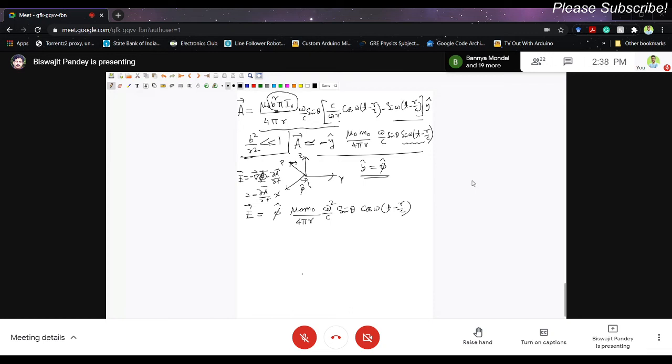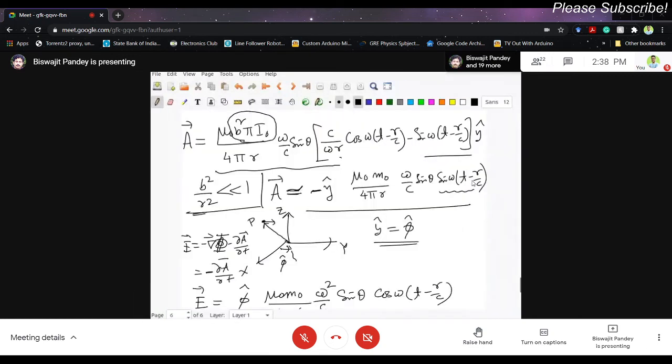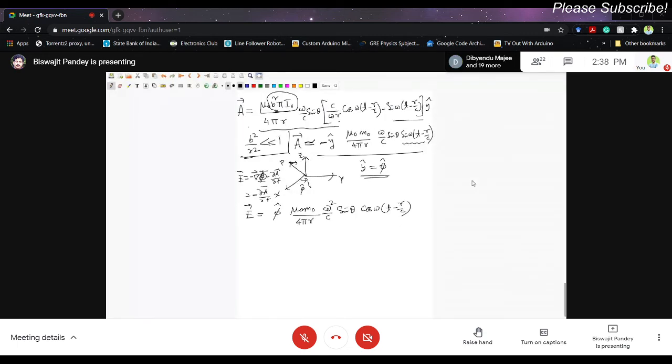Now we have to calculate the magnetic field. I can straight away calculate the magnetic field by taking 1 by c r cap cross E, but before I do that, I have to show that they are orthogonal. Calculating B from E is not going to be a difficult task, and that will be much simpler than doing the entire calculation.